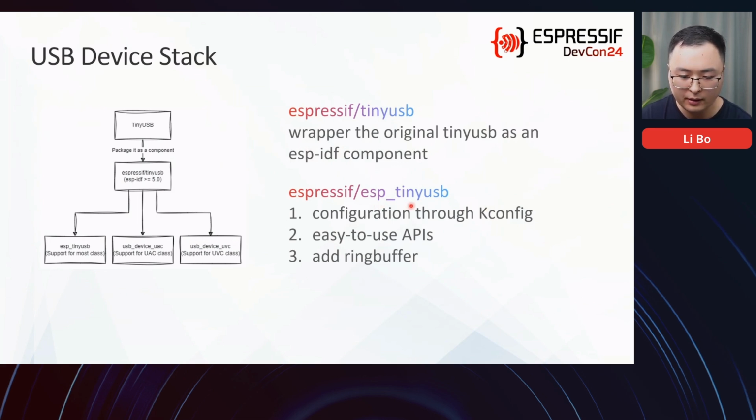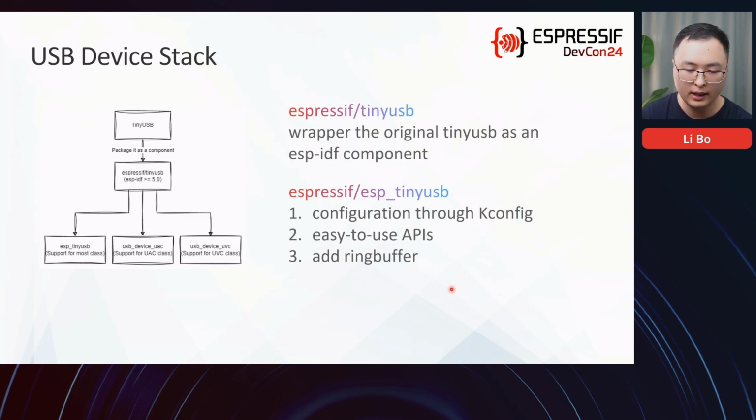The ESP TinyUSB component is based on the Espressif TinyUSB, and it provides easier to use APIs for the users. It also supports configuring the device information, and configuring which class you want to enable through Kconfig.